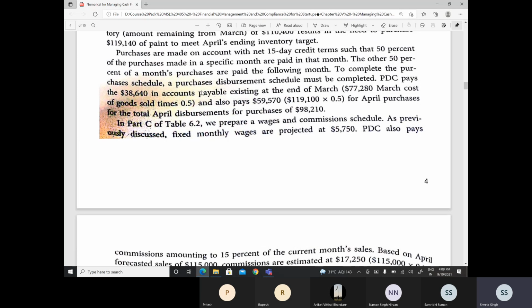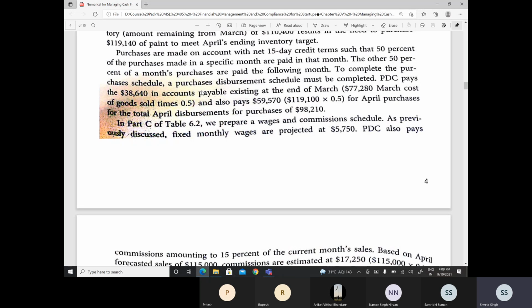Purchases are made on account with net 15-day credit terms such that 50% of the purchases made in a specific month are paid in that month. The other 50% of a month's purchases are paid in the following month. To complete the purchases schedule, a purchases disbursement schedule must be completed.